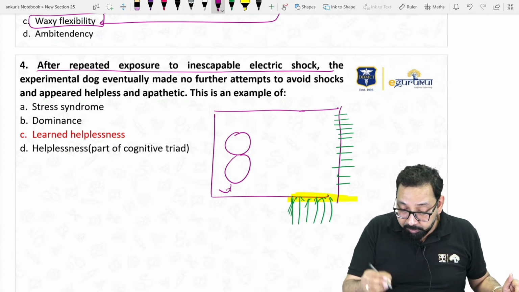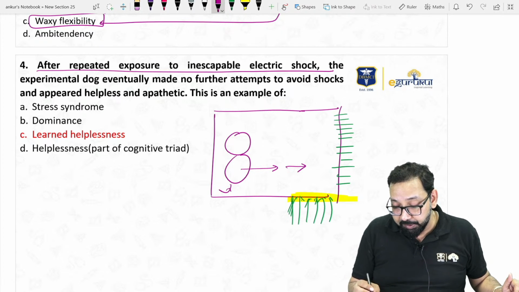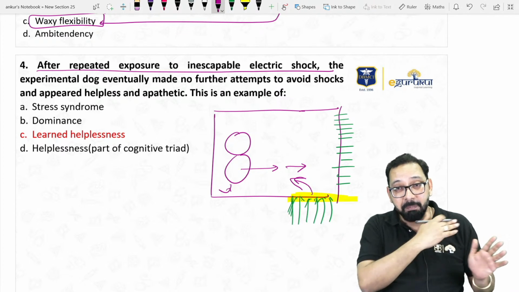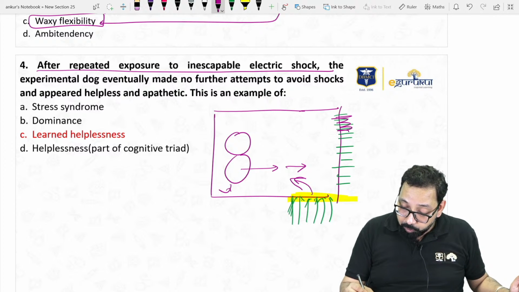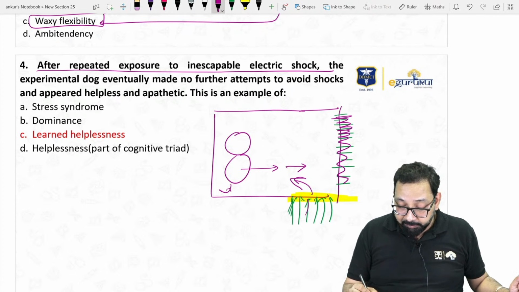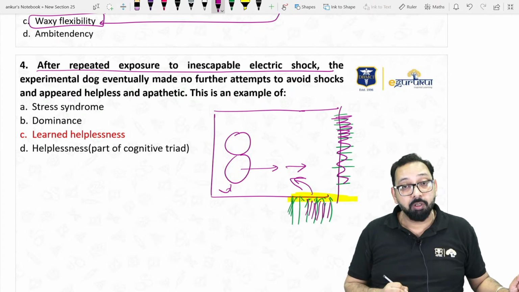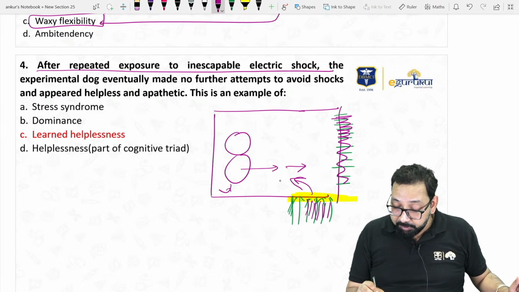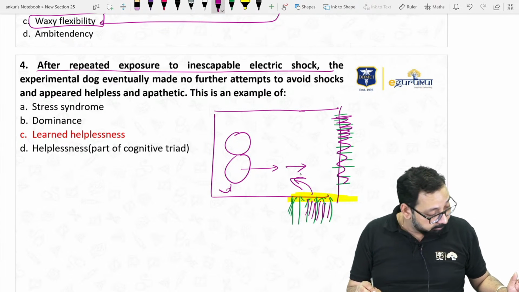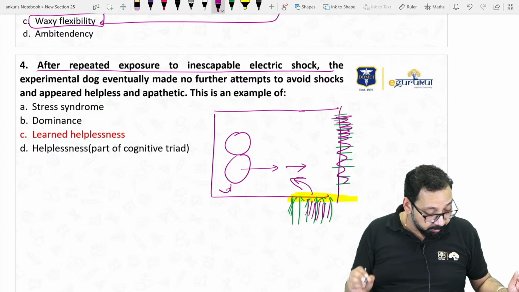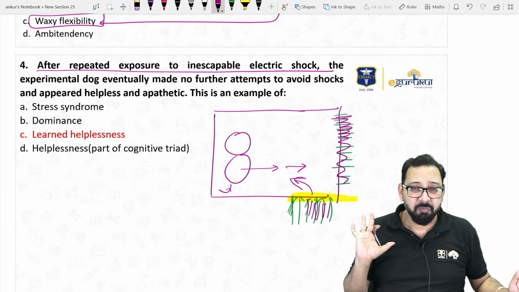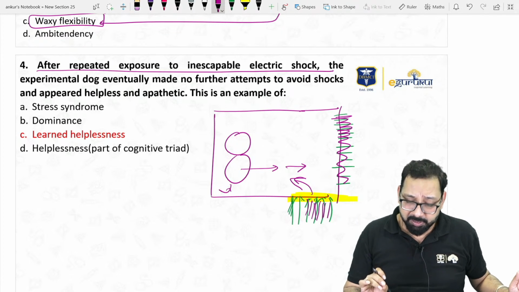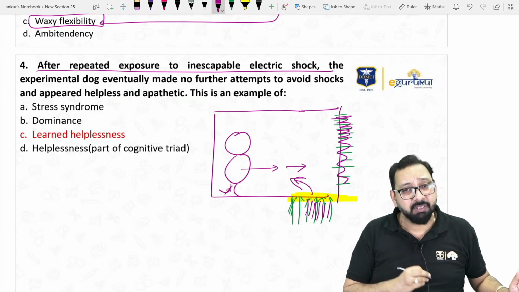When this monkey tried to come out of the cage, he got an electric shock, and he came back. Every time, the door was opened and electric current was put. Every time this monkey tried to come out, he got a shock and sat back at this point.